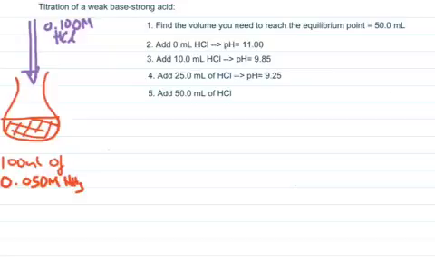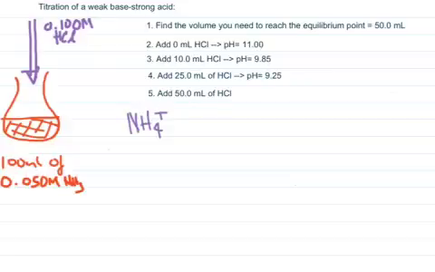Now when we add 50 milliliters of hydrochloric acid, we are at the equivalence point. And unlike a strong acid with a strong base, our pH is not going to equal 7. Alright, so what is in our flask? Well, we used up the hydrochloric acid, and we are now just with the ions.